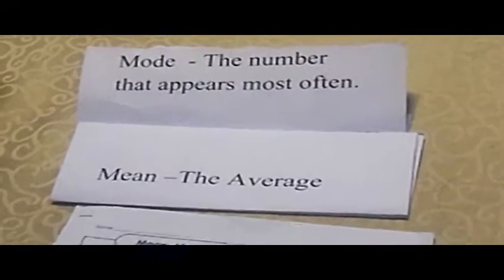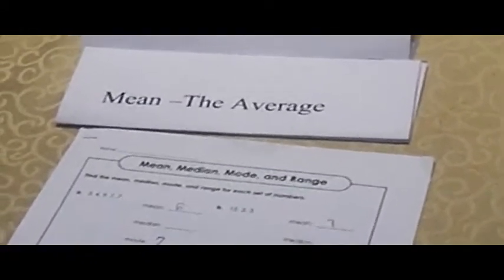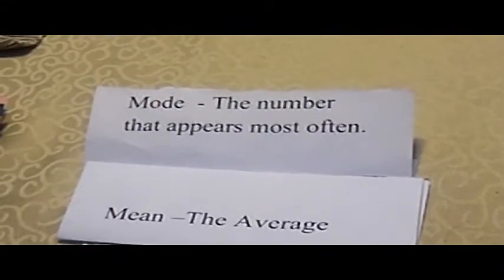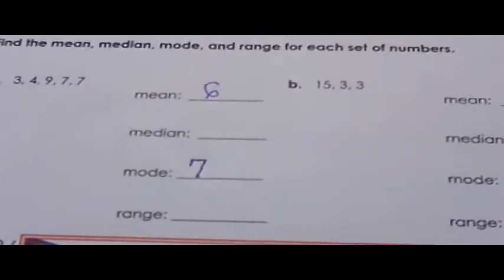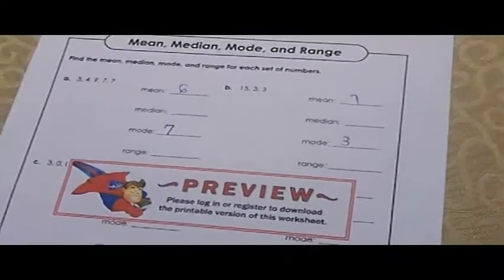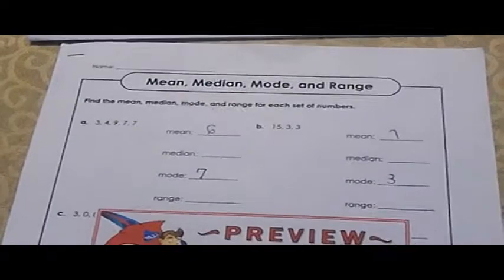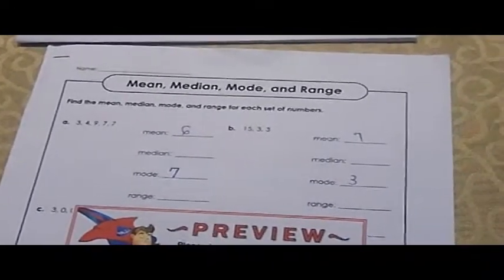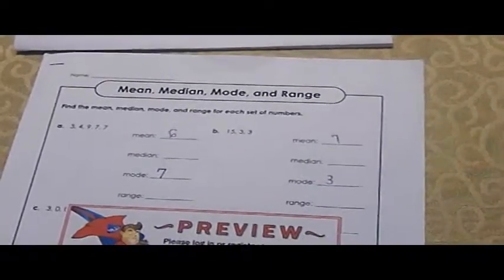All right, let's move on to discuss the median. The median is, you list all the numbers together from the lowest to the highest, and the number that's in the middle would be your median.